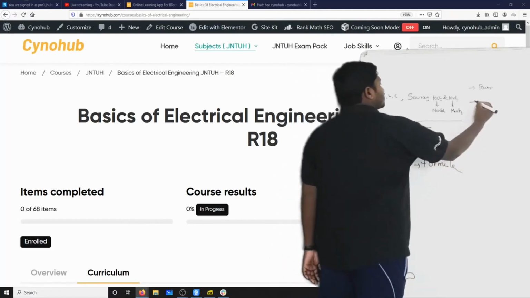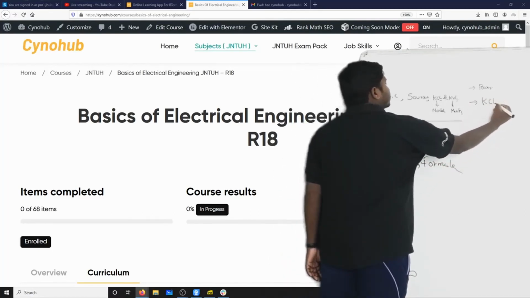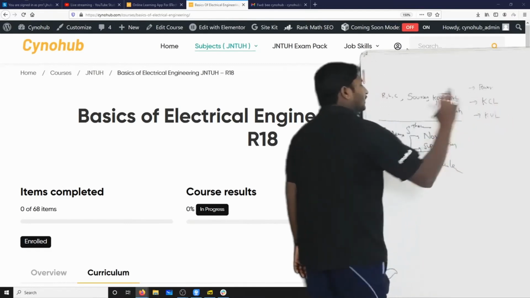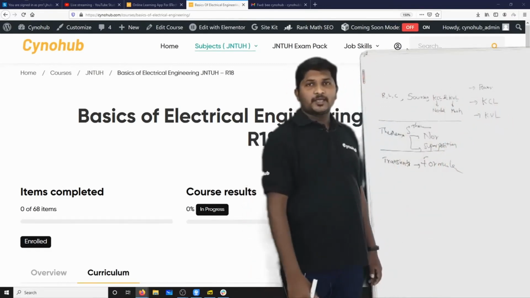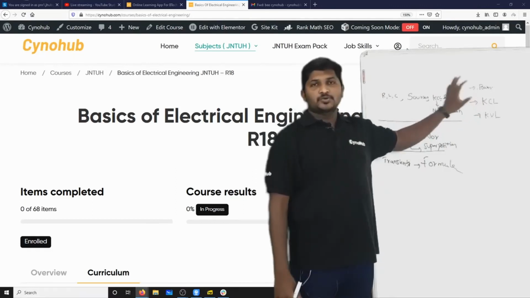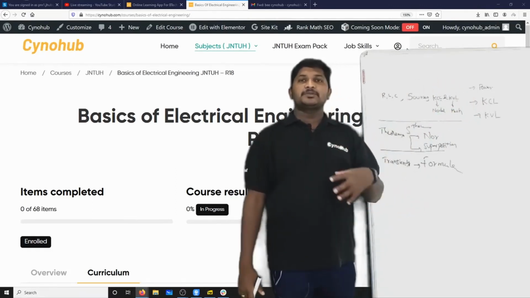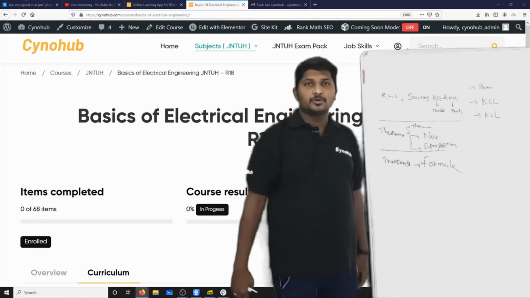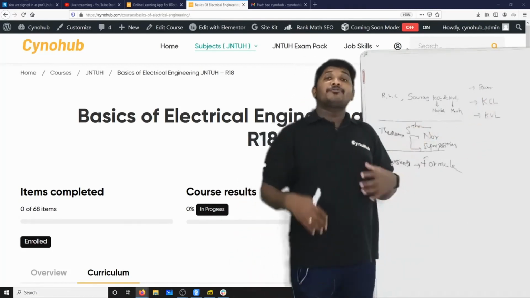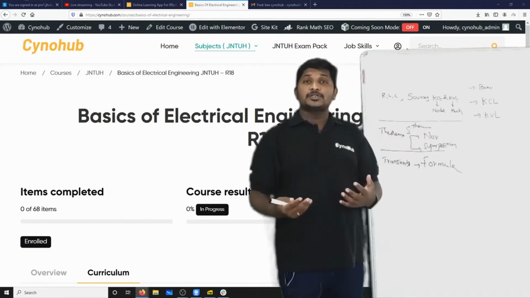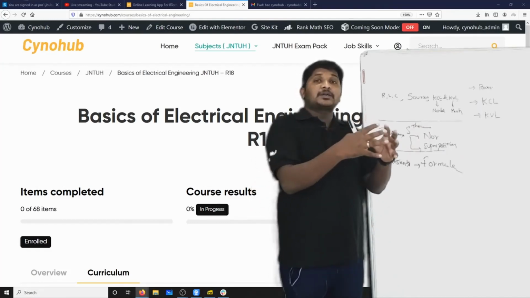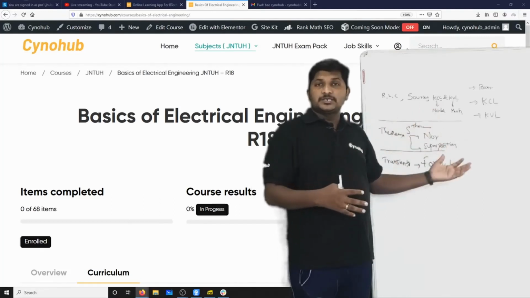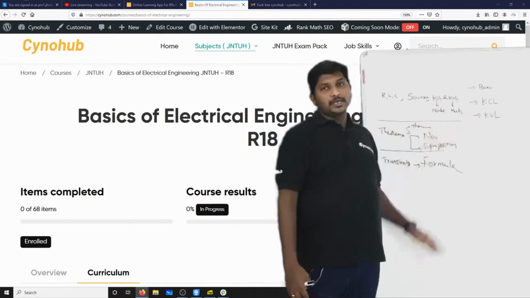Next problem is based on KCL, and next problem is based on KVL. You will get 3 numericals. One is calculate power, show the algebraic sum of the powers is equal to 0. Next one, finding the current or the voltage at a particular resistor by using KCL or by using KVL.